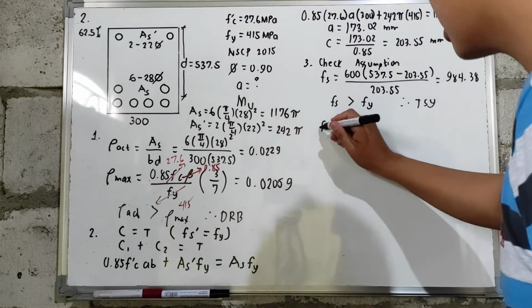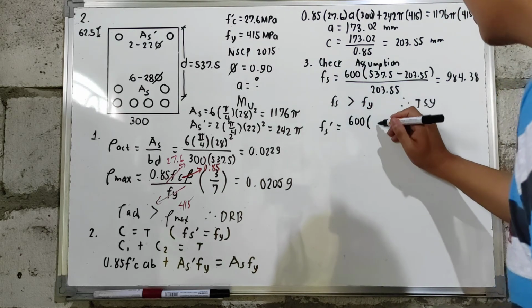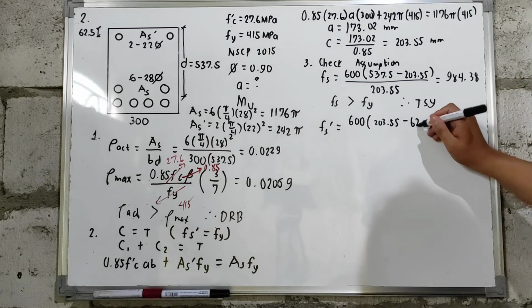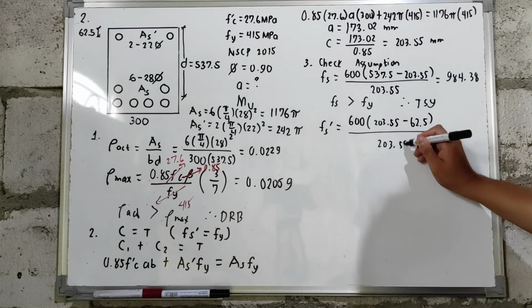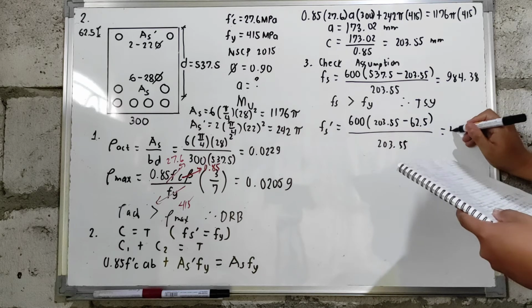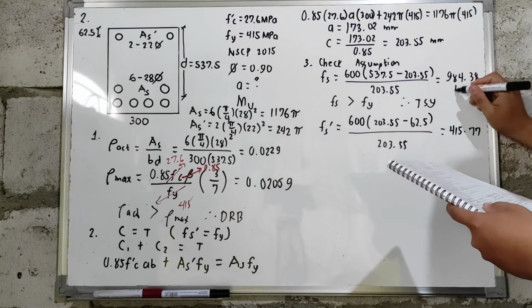Then, let us proceed to the next assumption, 600 C minus D prime, where our D prime is 62.5, over our C of 203.55. So the value of our Fs prime is 415.77 megapascal.